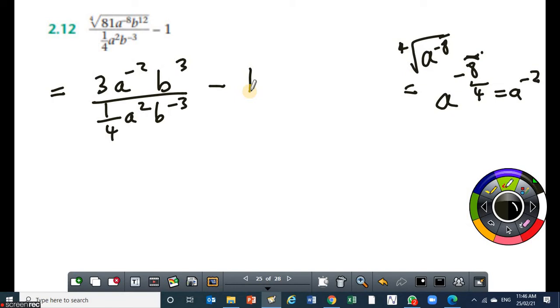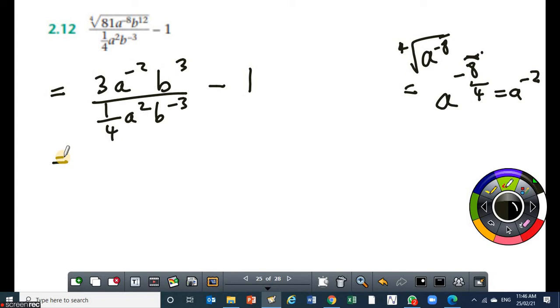Right? Now, it's wise to convert all exponents to positive exponents. Or rather, you can just use the laws of exponents. So I'm going to use the laws of exponents. At the moment, I don't want to touch this minus 1, to avoid unnecessary mistakes. I want to simplify the fraction part first. Now, 3 divided by a quarter will give us 12.